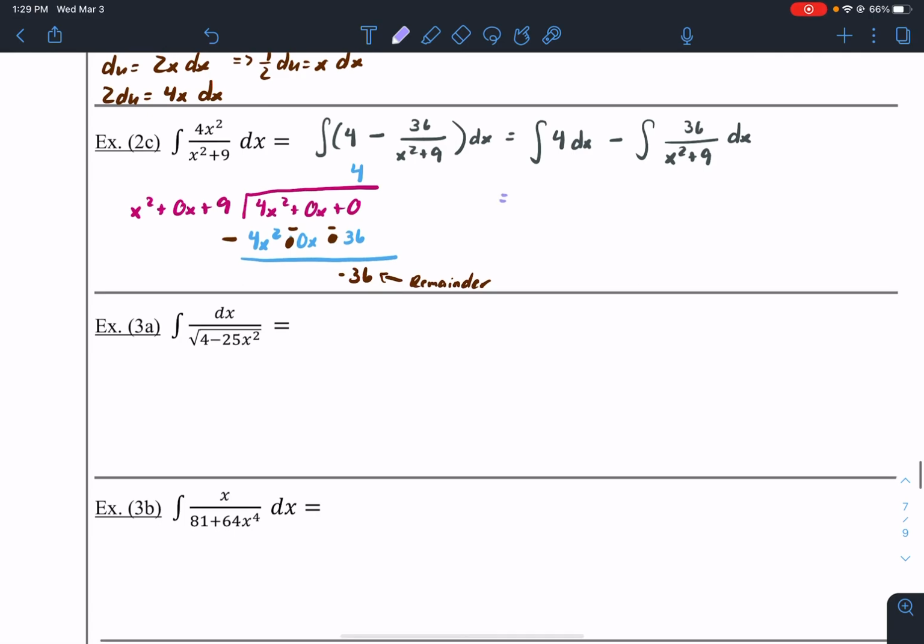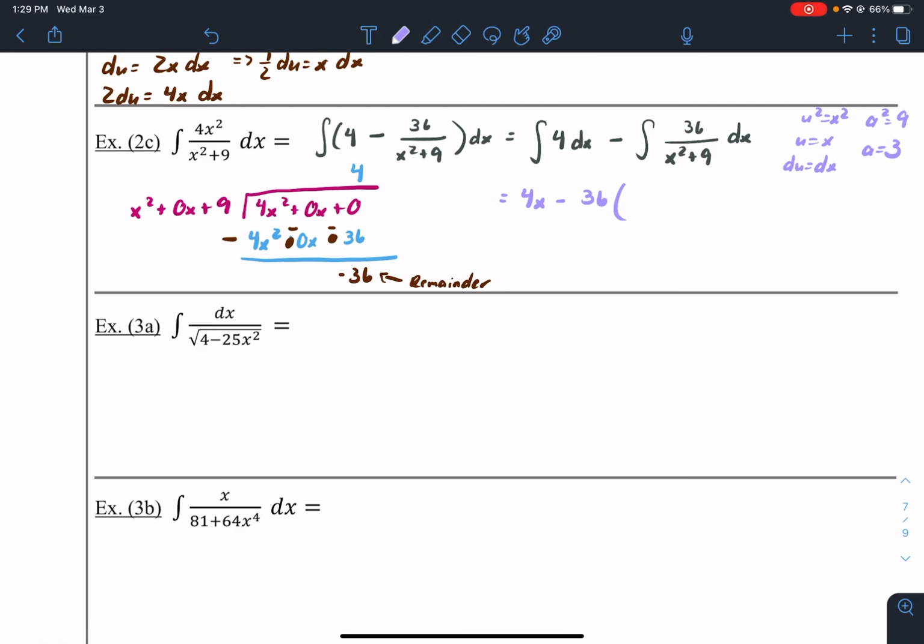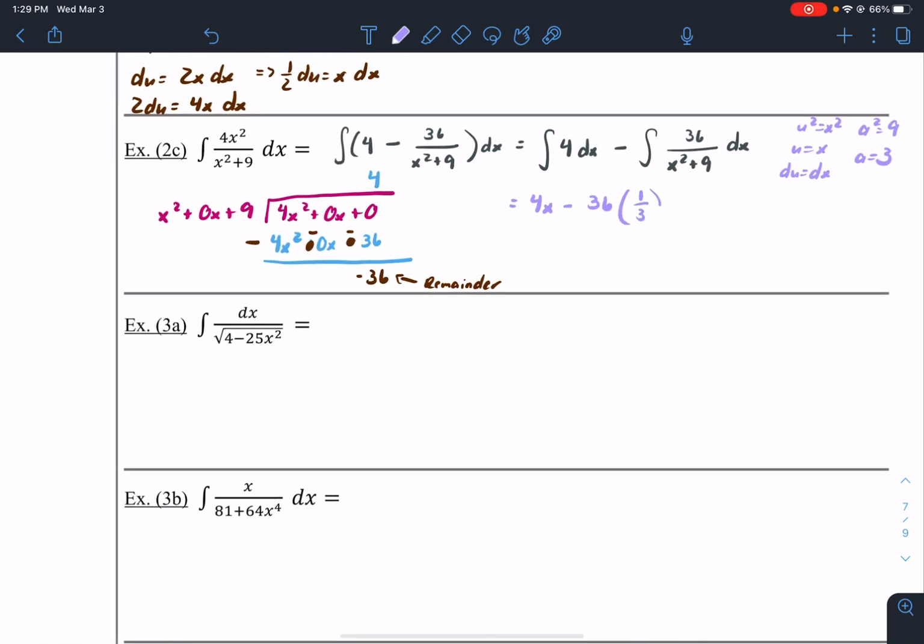So I'm looking at a very similar setup, and certainly the same process. So we're going to say that this is 4x. And then this 36, I can move to the outside. U squared was x squared, so that means u is going to be x. A squared was 9, so that means a is going to be 3. I do need the 1 over a. That's part of the formula. So we're going to multiply by 1/3.